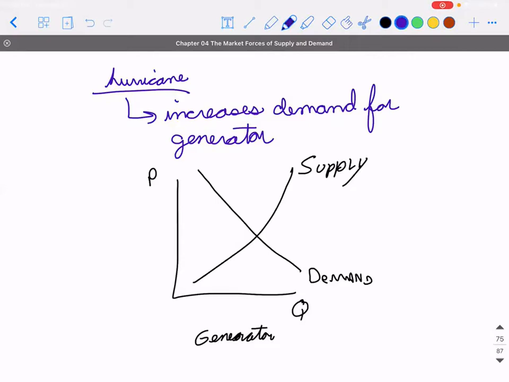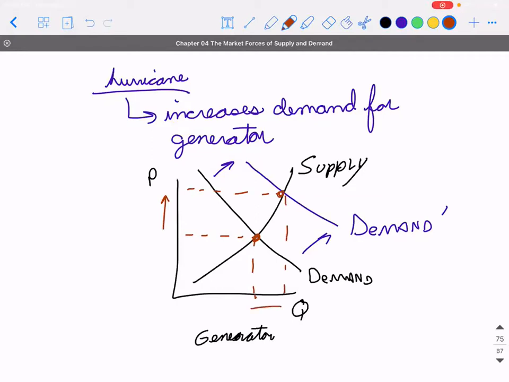And then the hurricane happens. And now all of a sudden I really want this thing, which we're going to see with an increase in the price and an increase in the quantity. So now I can make a prediction. If a hurricane comes, prices are probably going to go up because more people want these things.